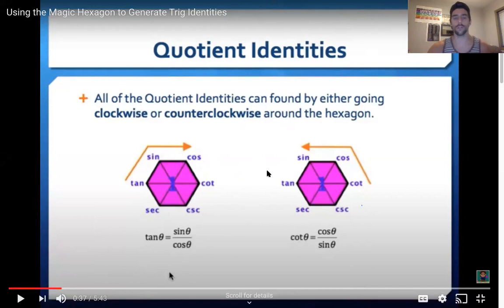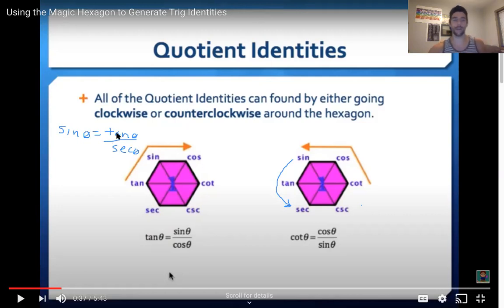I'll give a counterclockwise example. If you're wondering how does sine equal tangent over secant? It usually goes to just things that cancel out. So if I was wondering, how does sine of theta equal tangent of theta divided by secant of theta?